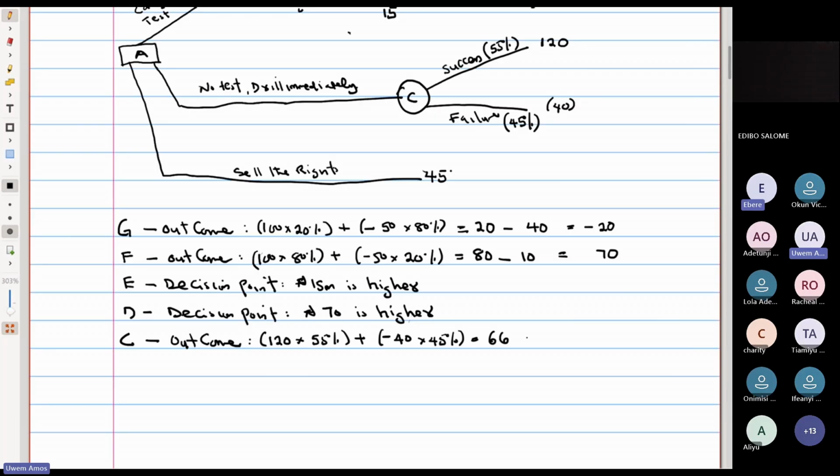The plus minus takes it to minus. 40 multiplied by 0.45 gives us 18. So what do we have? 66 minus 18. We have 48. Okay, so our C is 48.